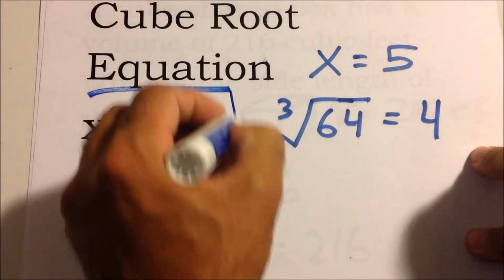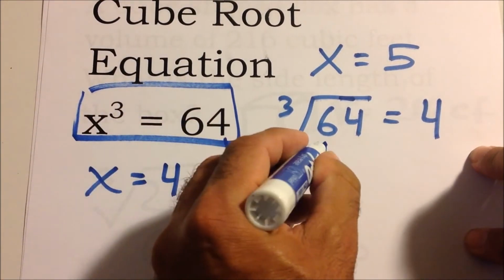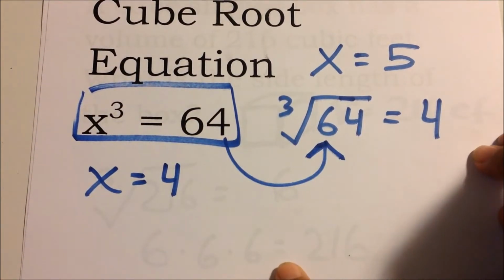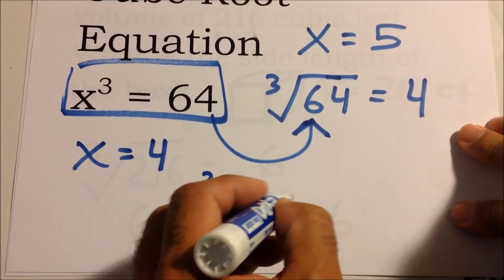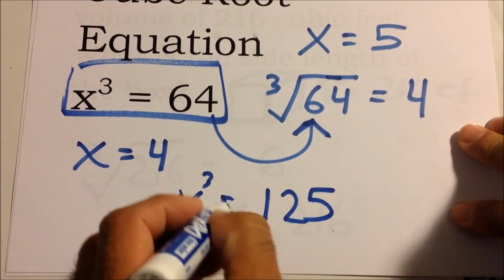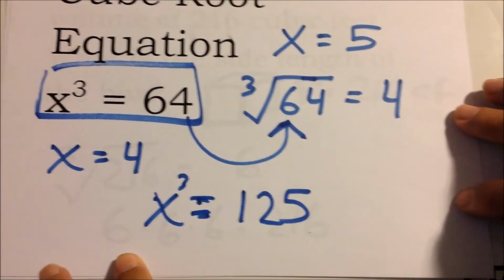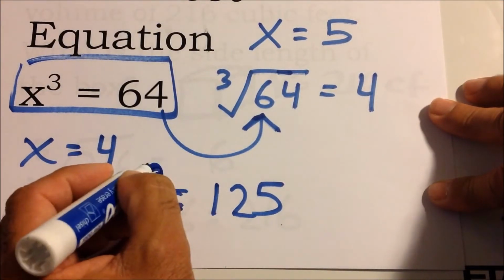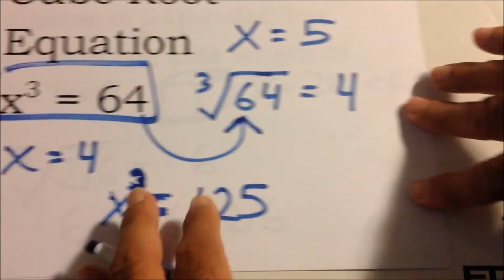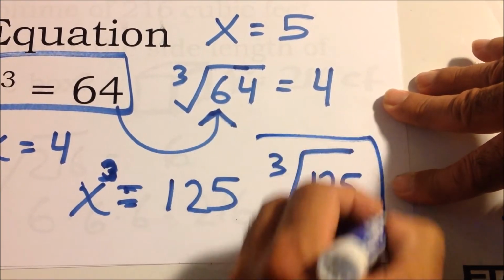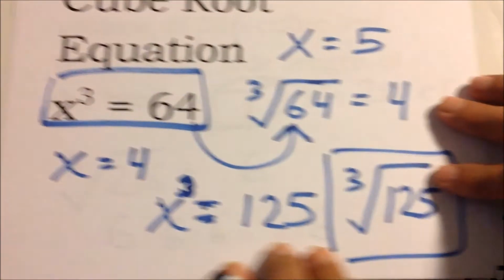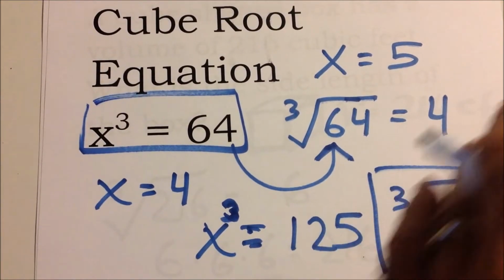So if you see something like this, it's just saying that. Like if you saw x to the third power equals 125, well, we did something like this, right? That's saying, what is the cube root of 125? So that's what a cube root equation looks like.